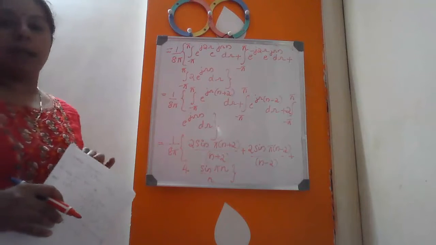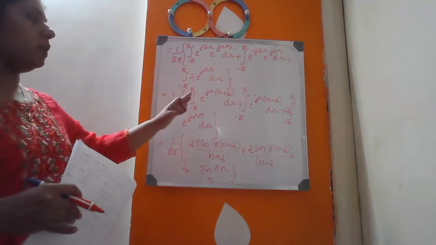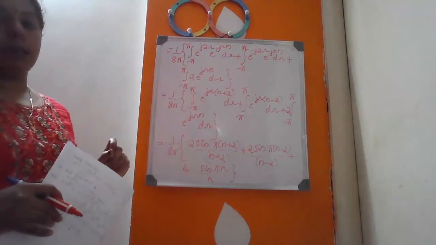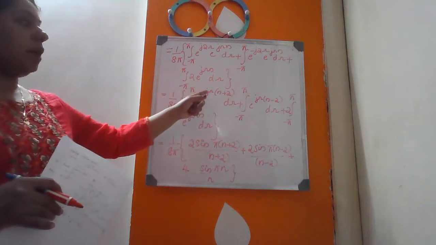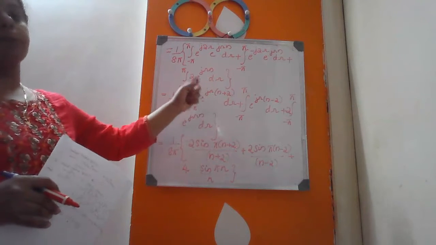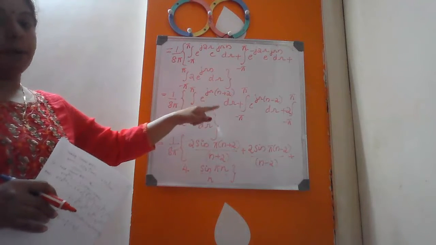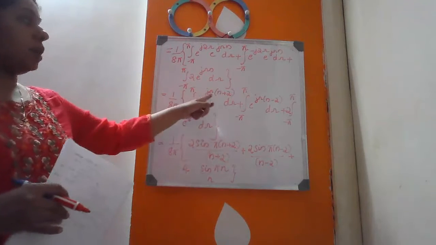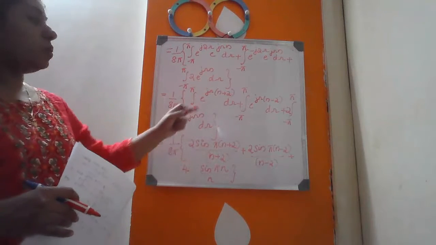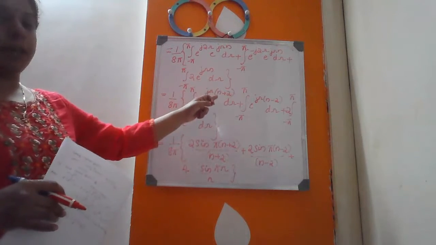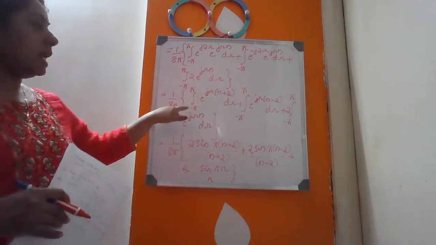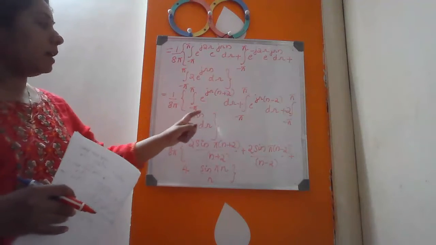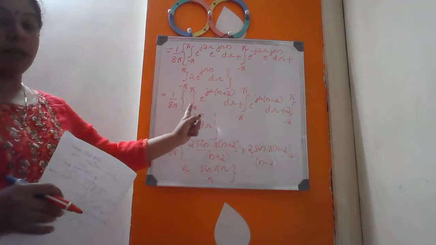After applying the limits, you will be getting upper limit minus lower limit, that is e power j omega n plus 2. Instead of omega you have to substitute pi. So e power j pi n plus 2 minus e power minus j pi n plus 2, upper limit minus lower limit.